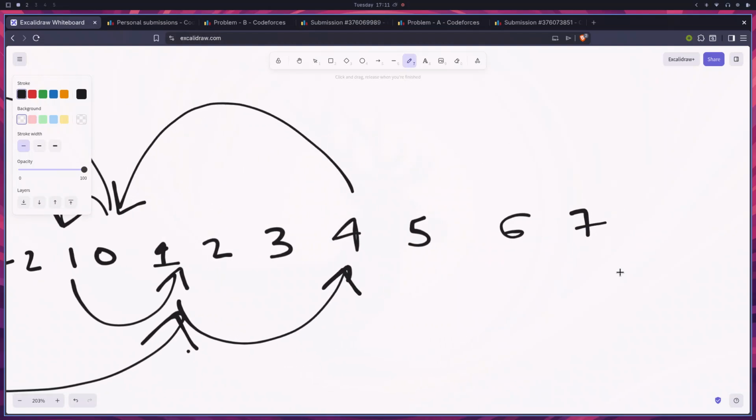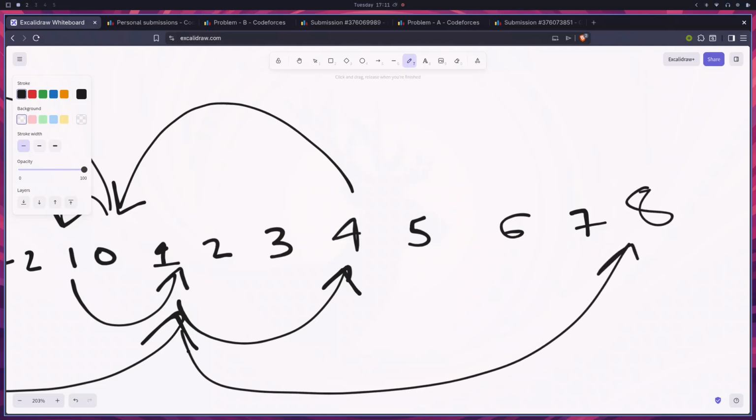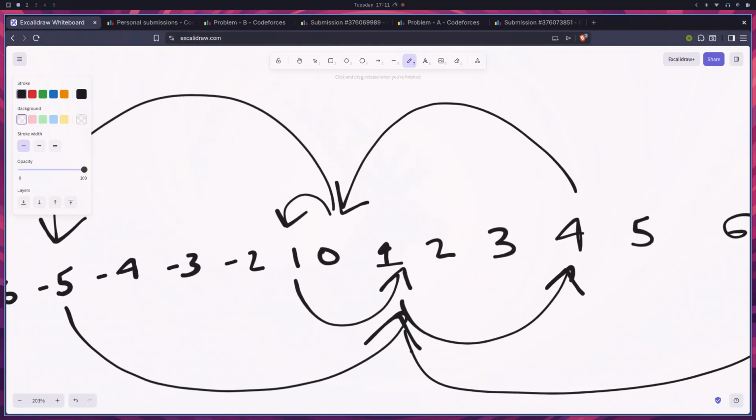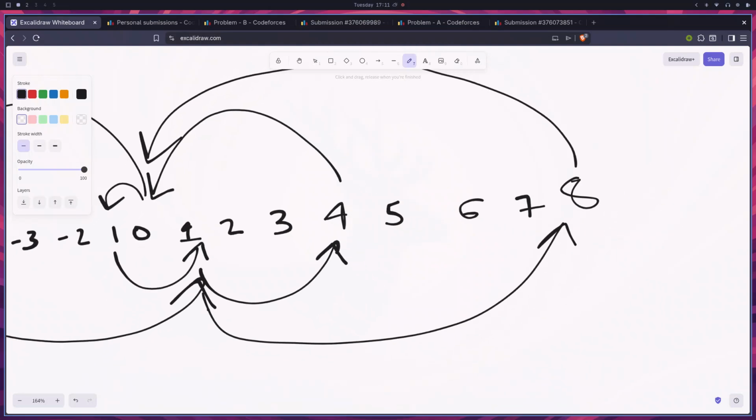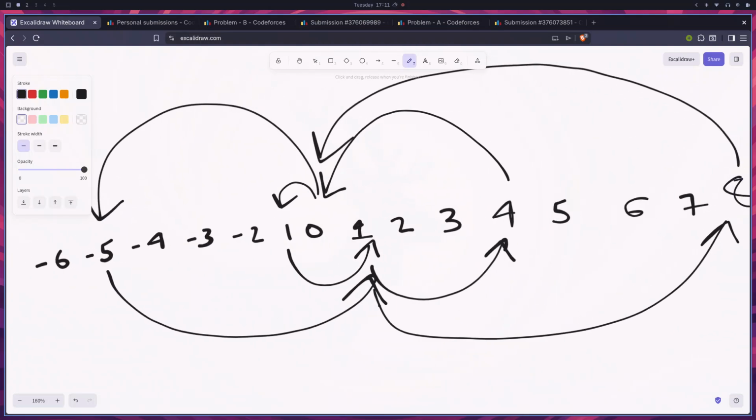From 1, he'll go to 8, and from 8 back to 0. So this is the simulation of the first n steps.